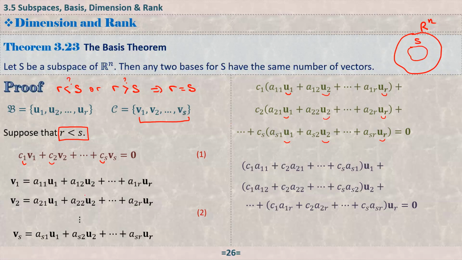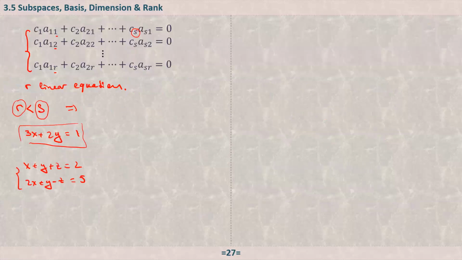If R is not less than S, and it's not greater than S, that means that R must be equal to S. Okay, very good. Now we have these facts.